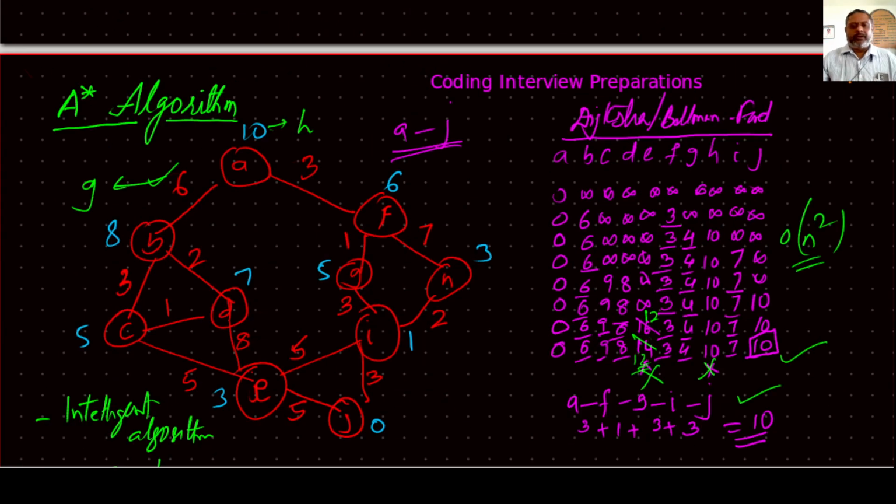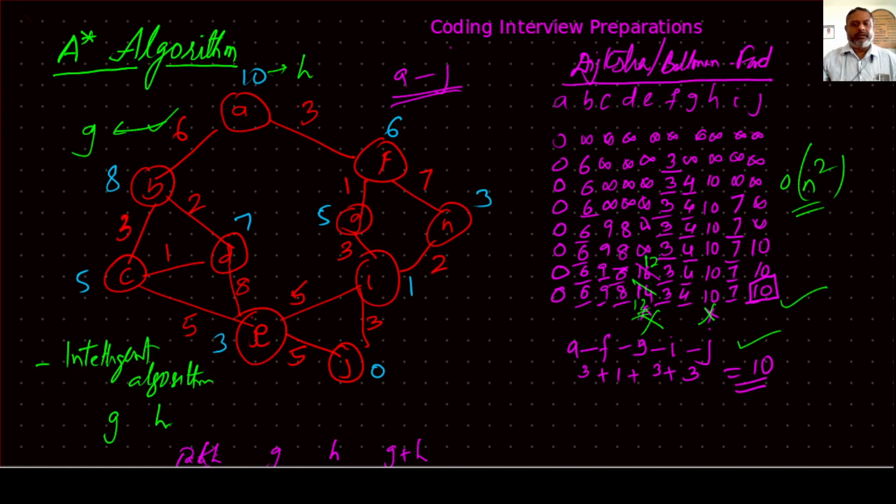So we are working more intelligently, and how these heuristic values are measured, and how these actual values are measured, we can take up in further examples. So that's just an idea of how the A star algorithm works.